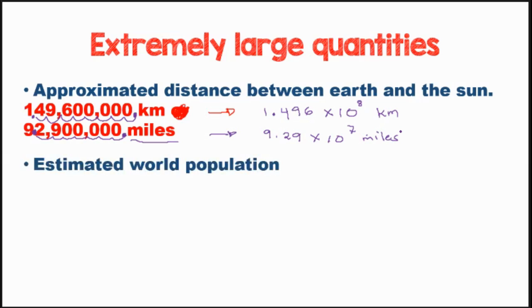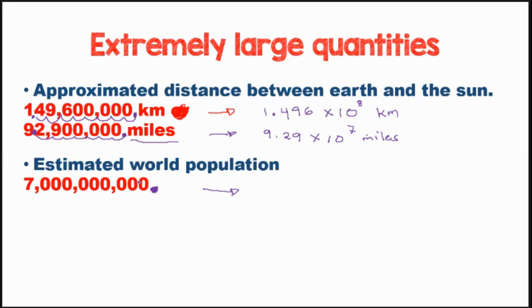Let's have another example. The estimated world population. For the estimated world population, we are now about 7 billion. There are so many of us. Again, this is a whole number. The decimal point is at the end of the last digit 0.